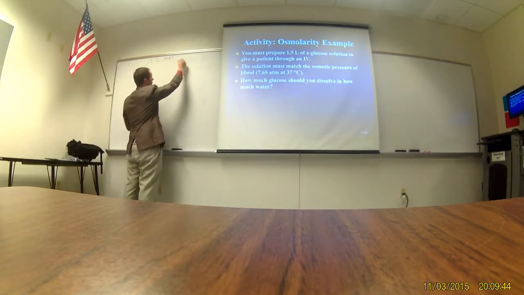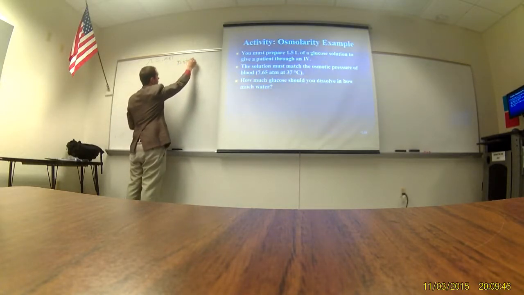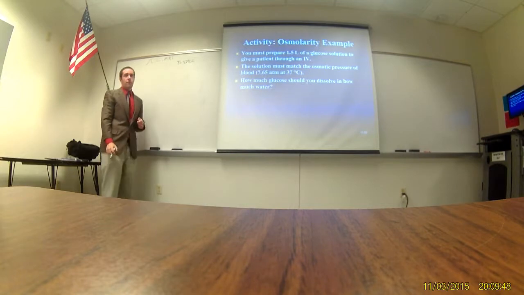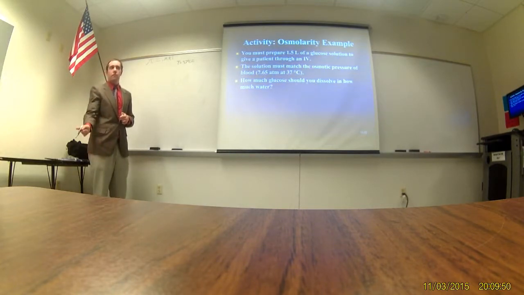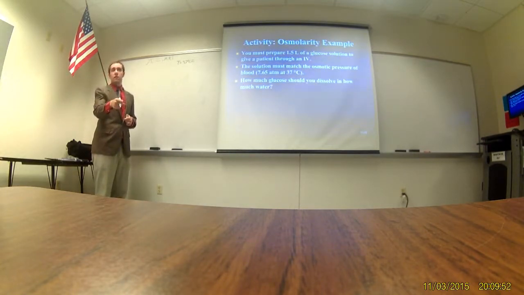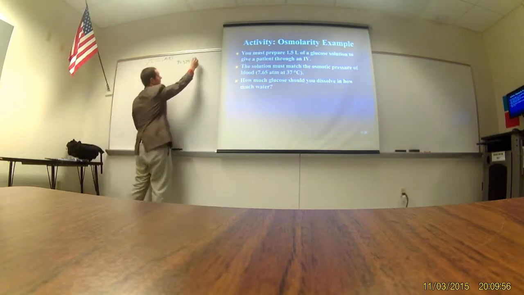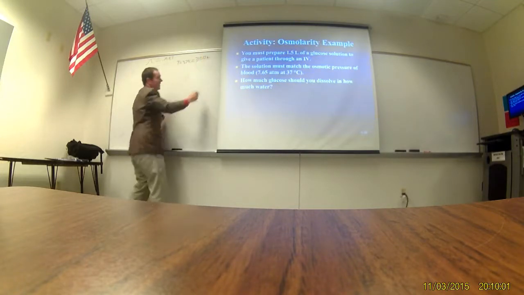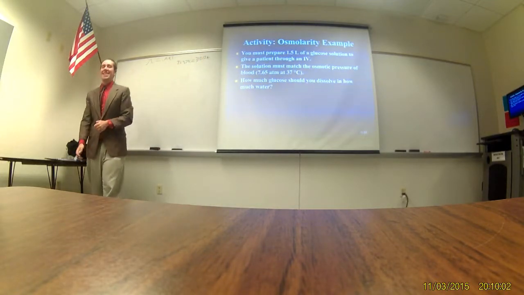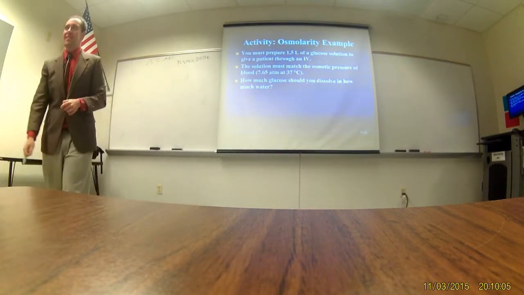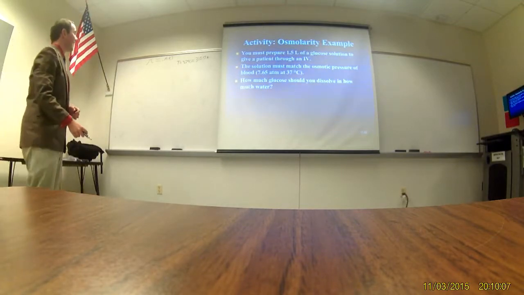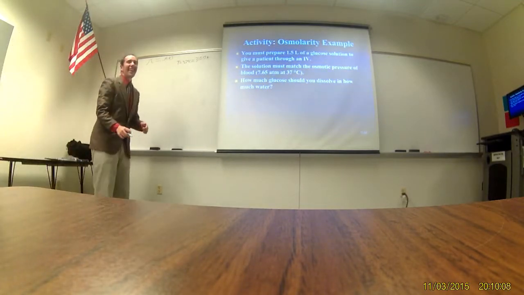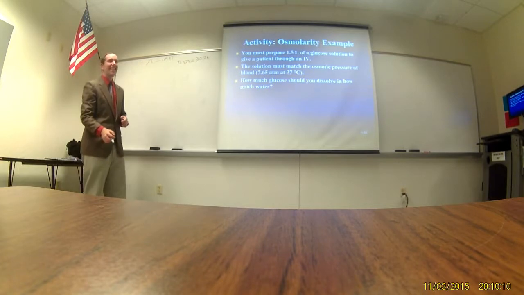So T is 37 degrees Celsius, which is what in Kelvin? 310.15. No, 310. Sig figs. Let's wait till the end. It's the furthest left. It's so easy. Just drop it.